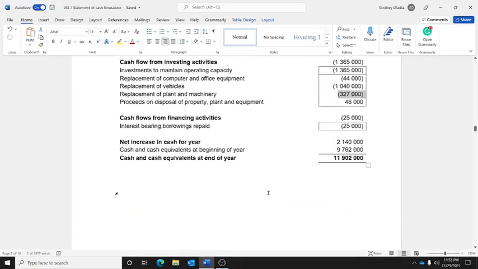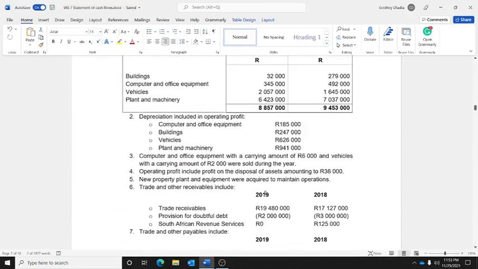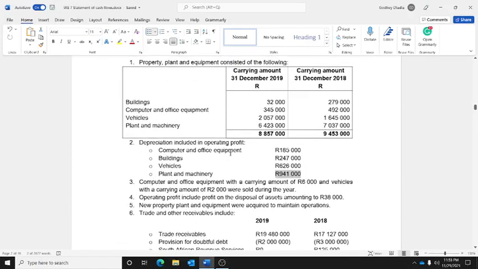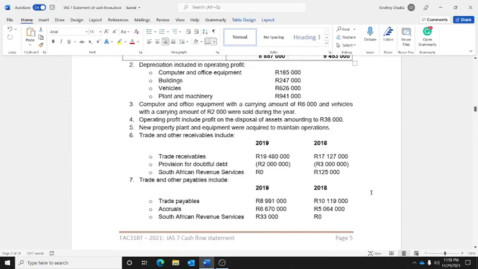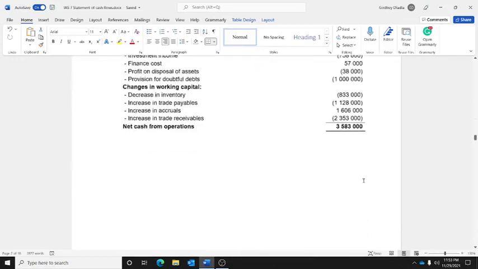It is plant machinery. Plant and machinery. So the depreciation of plant and machinery is this one. And then the opening and closing are these ones. Right. Let's then get to the T account.